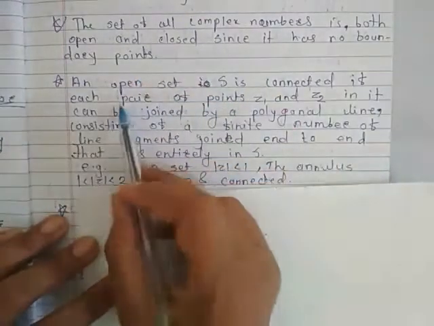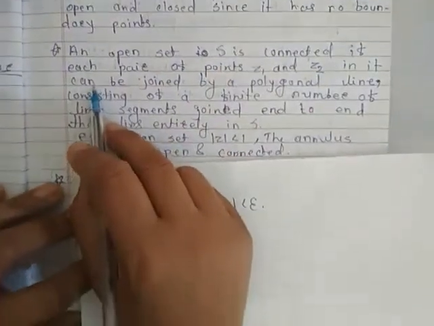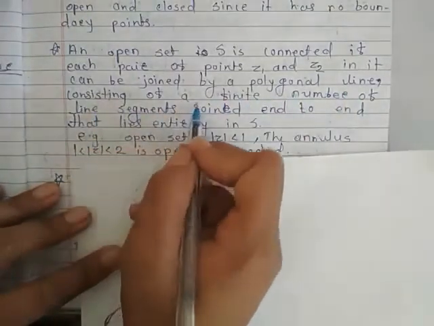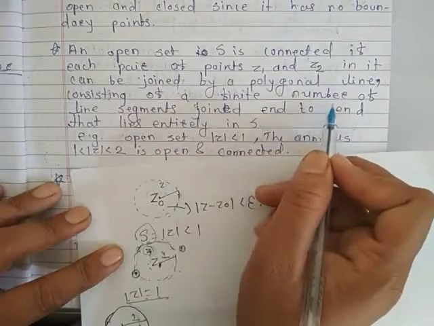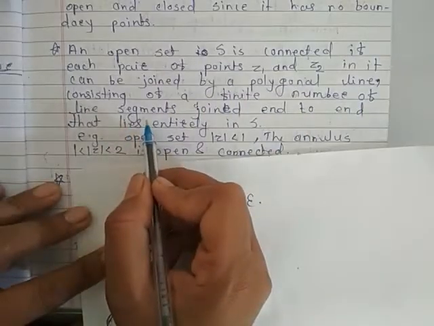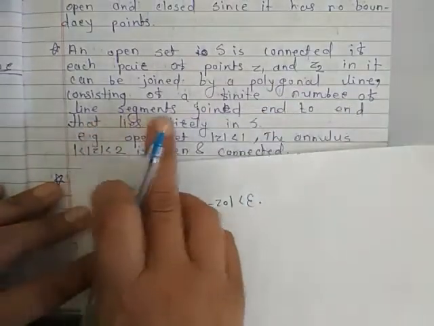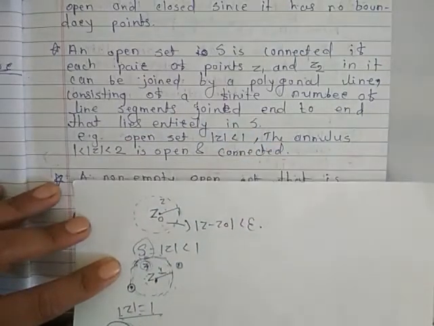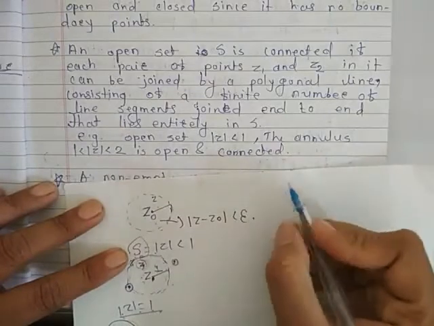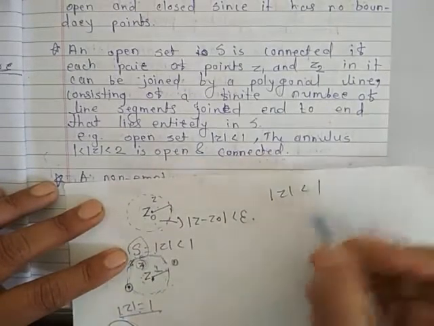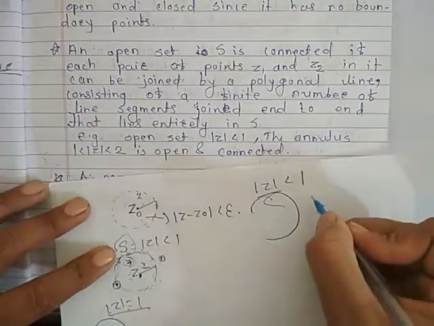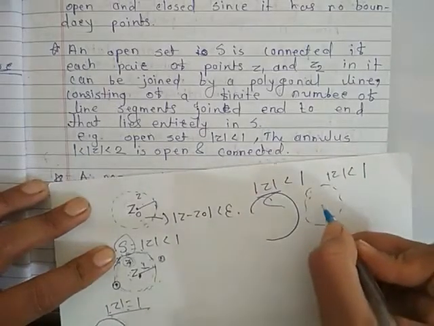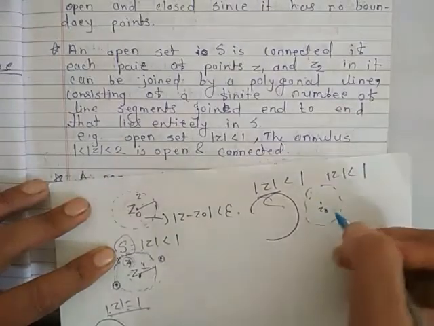Next, an open set S is connected if each pair of points Z1 and Z2 in it can be joined by a polygonal line consisting of a finite number of line segments joined end to end that lies entirely in S. Suppose we have taken mod Z less than 1, with Z0 which is 0.